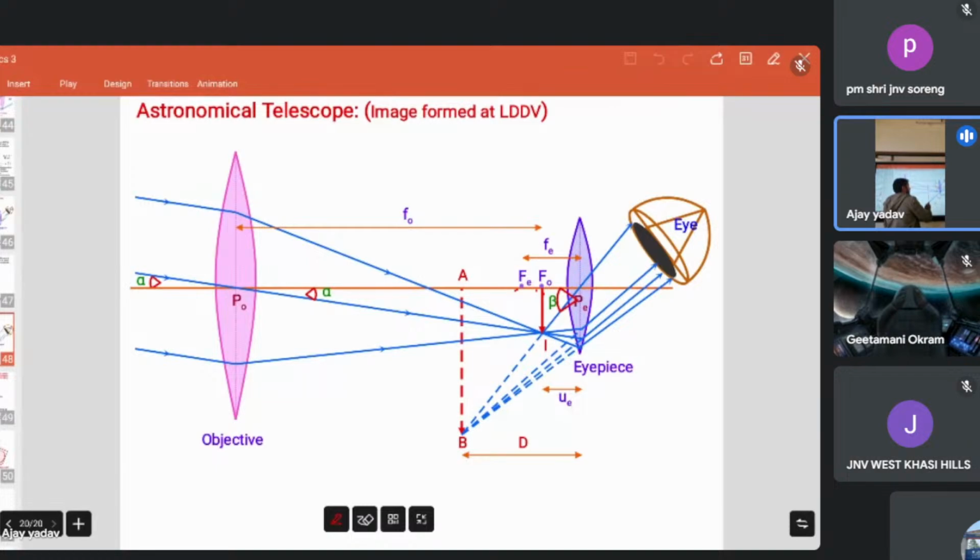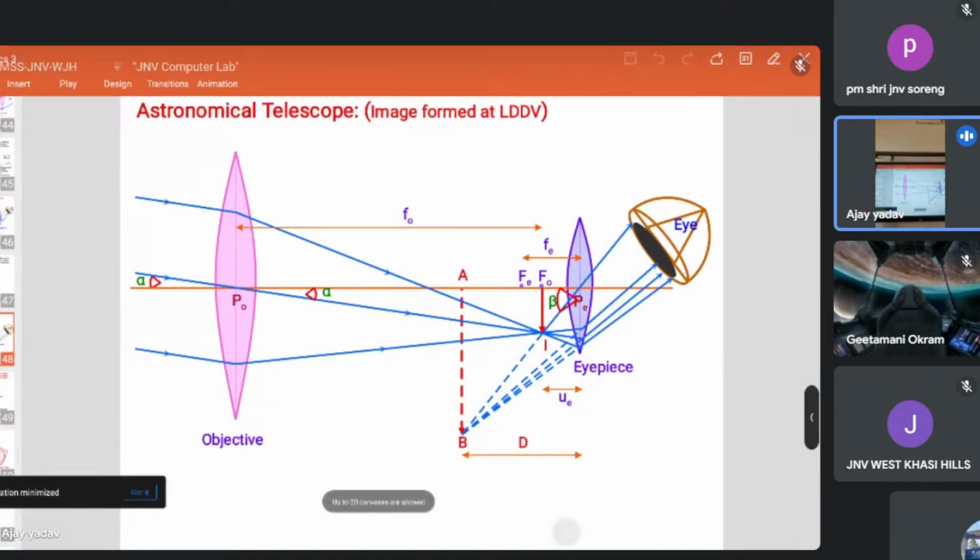When we retrace, they will cut here. So the object for the objective lens is at infinity and the image I is formed at FO. This image will act as an object for the eyepiece, and this is the final image AB, which will form at the least distance.